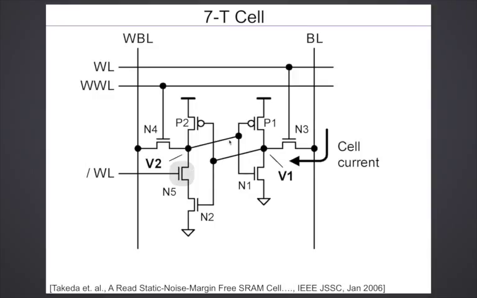And then V2 goes low, P1 turns on, and V1 goes high. So during the write, this is momentarily off, but it doesn't matter because this is really not doing anything for the writes into the cell. This pull down stack is not coming into the picture during a write operation, because the write is happening by pulling down the internal node through one of the access transistors.